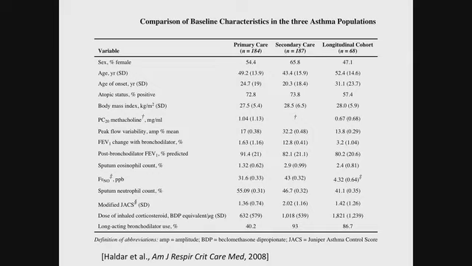In the secondary care population, 65% of them are female. You notice that if you look at some measures of lung function, it's significantly worse in that secondary care population, as one would expect, because these are patients with more severe asthma.